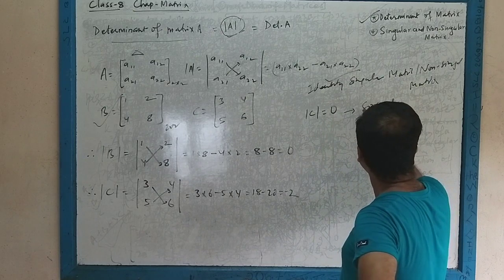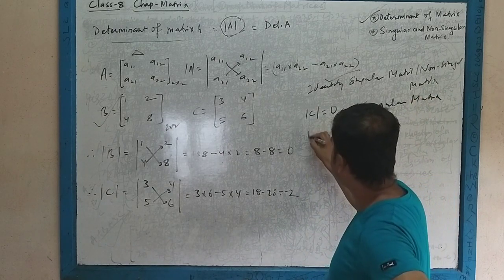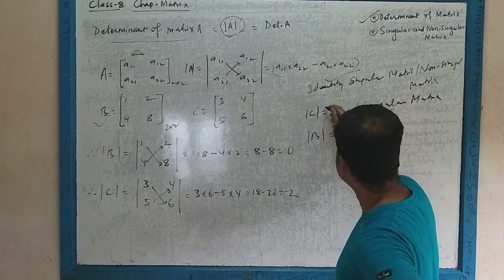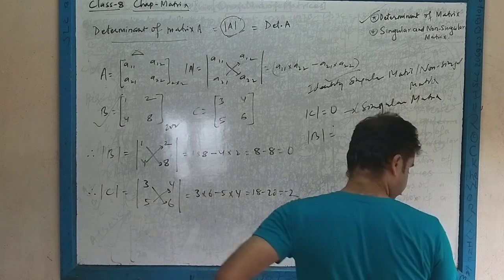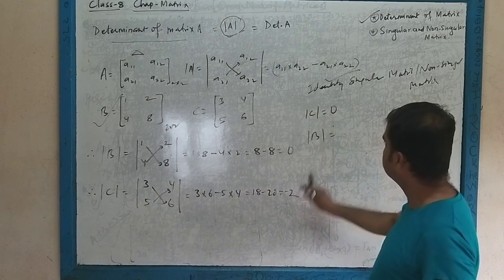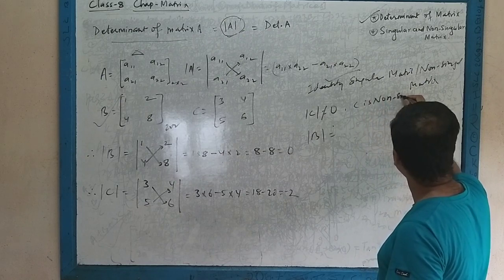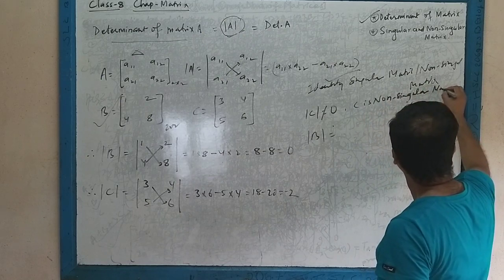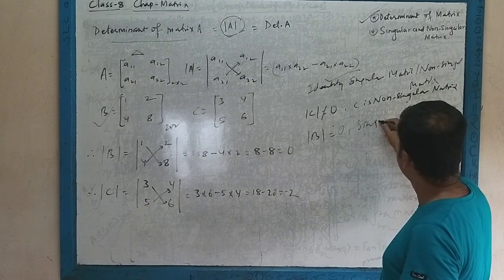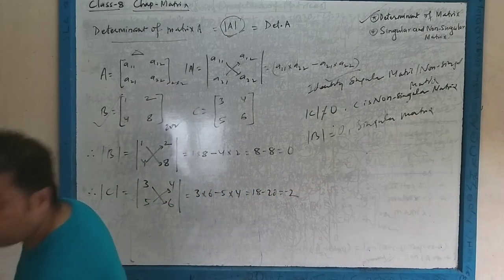And if the determinant of matrix C is not equal to 0, then C is a non-singular matrix. The determinant of B is 0, so B is a singular matrix.